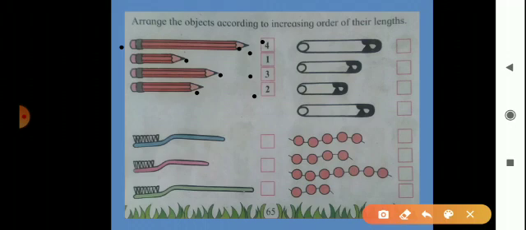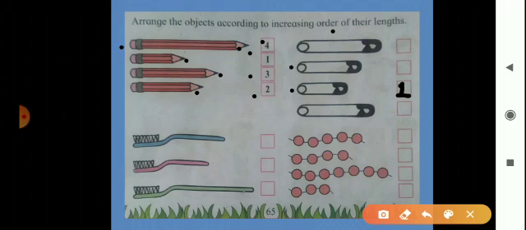Here are cutters. Okay, these are cutters. So which is a short, cutter or a safety pins? So first we can see here, third one is short out of these 4. So we have to write here 1.